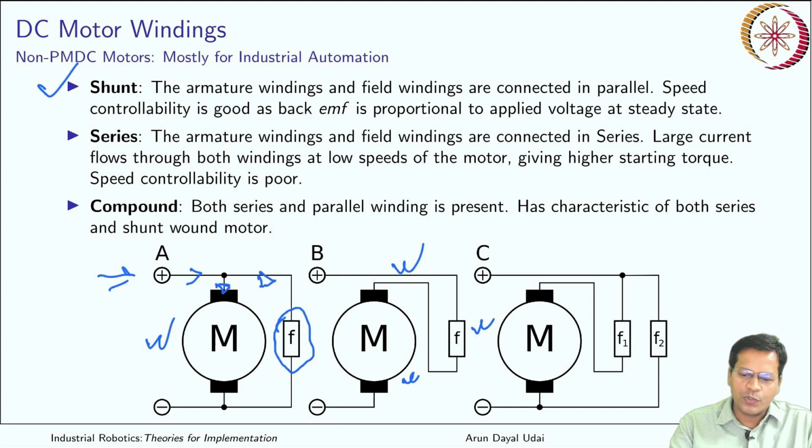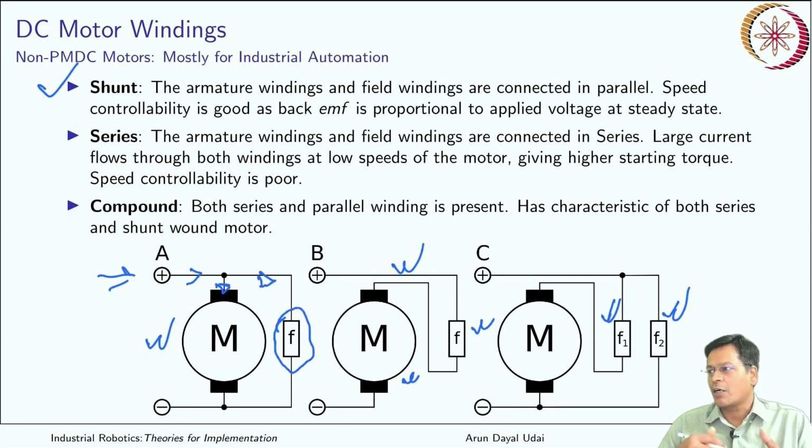And in case of a compound DC motor, a part of the coil is connected in series whereas the other is connected in parallel. So it has joint characteristics of both series and shunt wound motors.